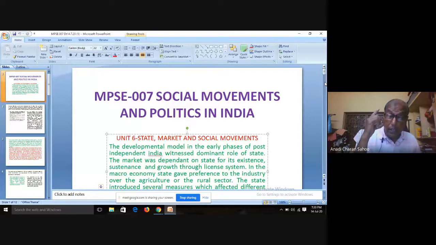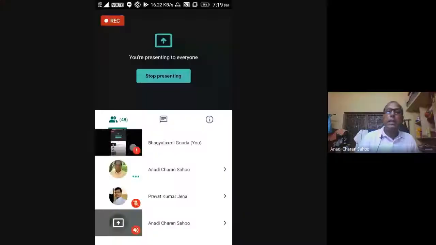And in the year 1991, it was the Prime Minister P.V. Narasimha Rao who adopted the process of globalization, and there was the change of the role of market, and also there was the change of the role of state in the new economic order. That was the process of globalization. The developmental model, Unit 6, state, market, and social movements.